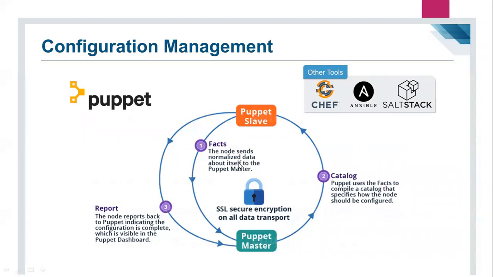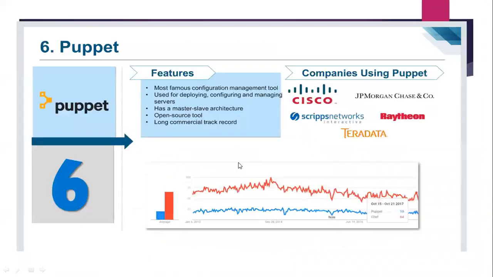The feature of Puppet is that it's a very popular configuration management tool. It came into the market around 2006. It was developed in Ruby. It is open source again. It is from Puppet Labs, the vendor company, with Puppet Enterprise and all that.